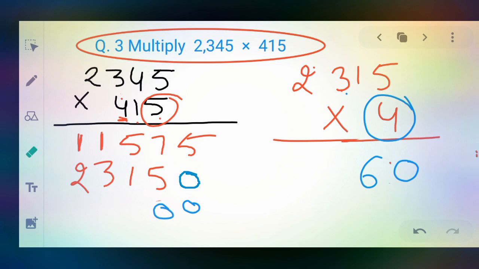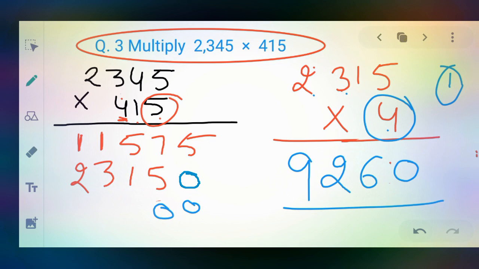Now next is 4 3s, that is 12, so 2 right here and 1 becomes carry. Now 4 2s are 8, 8 plus 1 you get 9, so this answer you have to write from 100 place. Okay, I will write this answer here. 0, first write this 0, then 6, then 2, then 9.